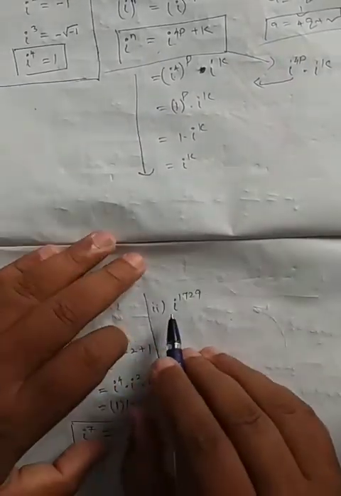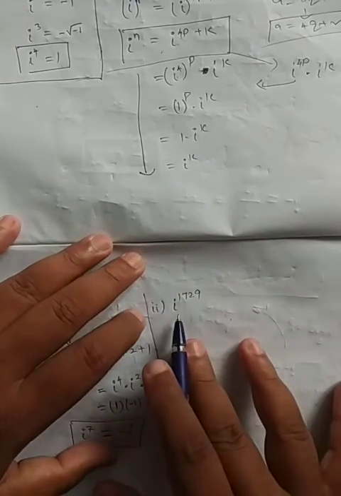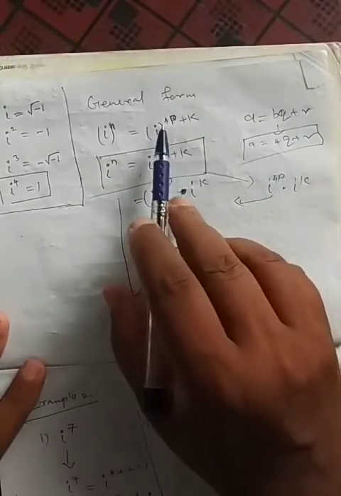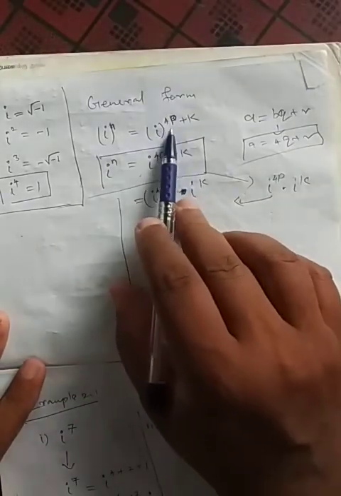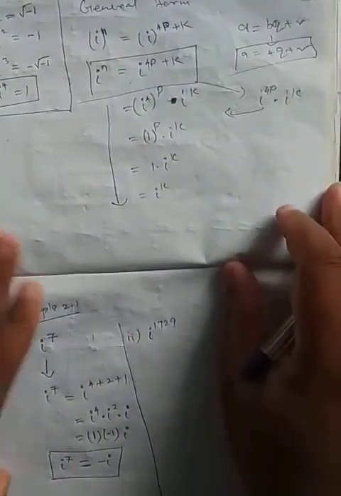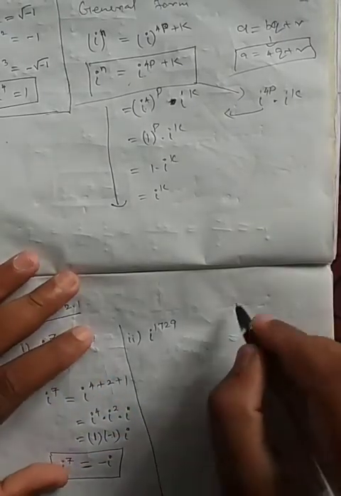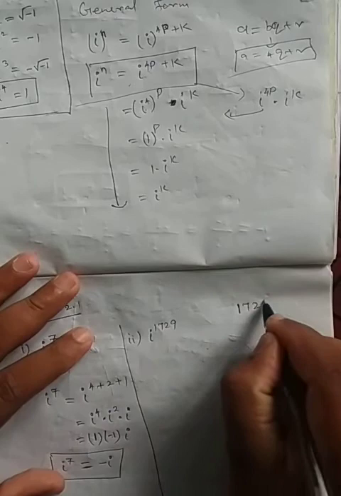Another example is i power 1729. Previously I have written here 4p plus k, multiples of 4, that I need to write. Whatever the number is, if it is big, double digit or triple digit, you first divide by 4.